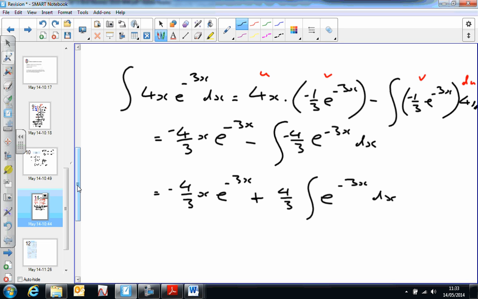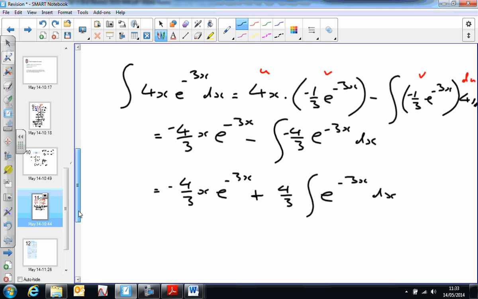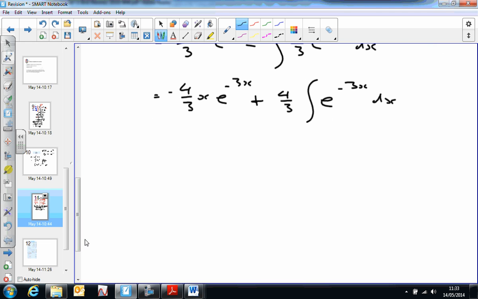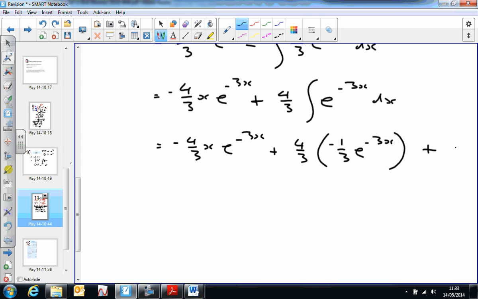Plus 4/3. Minus 4/3 x e to the minus 3x plus 4/3, and this is again minus 1/3 e to the minus 3x, and then at the end plus c.